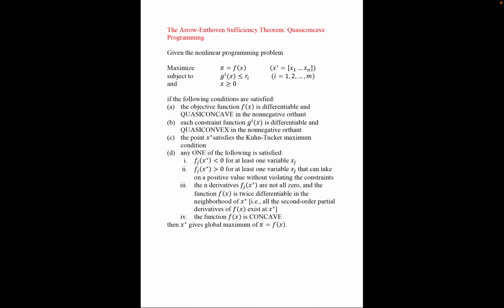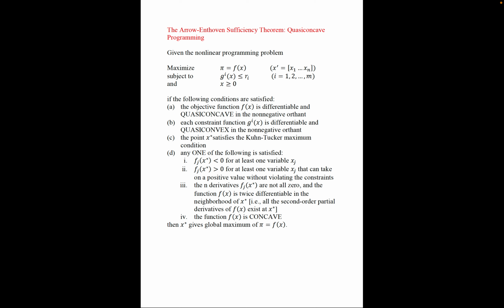However, we should also keep in mind that those conditions can be somewhat relaxed. This is what we get from the Arrow-Enthoven Sufficiency Theorem. Here we are changing the requirement of function f of x from being concave to being quasi-concave, and our constraints from being convex to being quasi-convex.